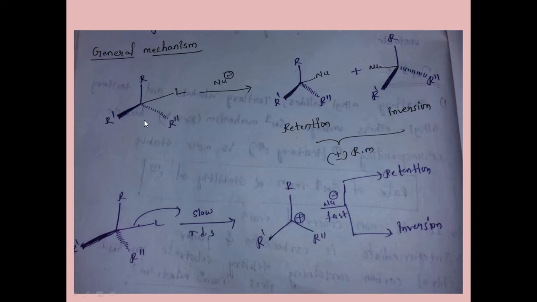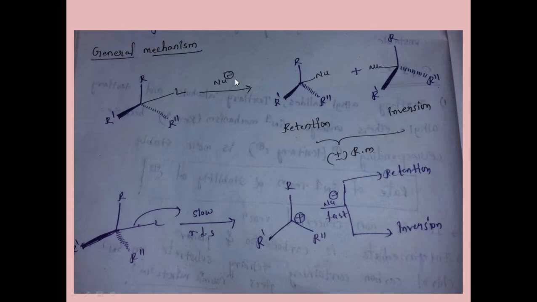Now this is a general mechanism. I'll make you understand now that I think you have gone through all the points. Here we have three different groups attached to this carbon, and this is a leaving group denoted by L. This is a chiral center because four different groups are attached to the carbon. We have used a nucleophile.